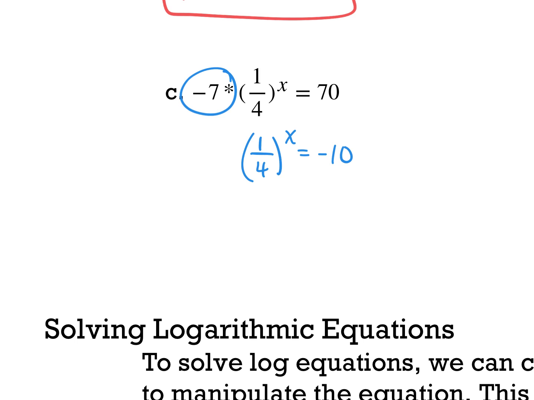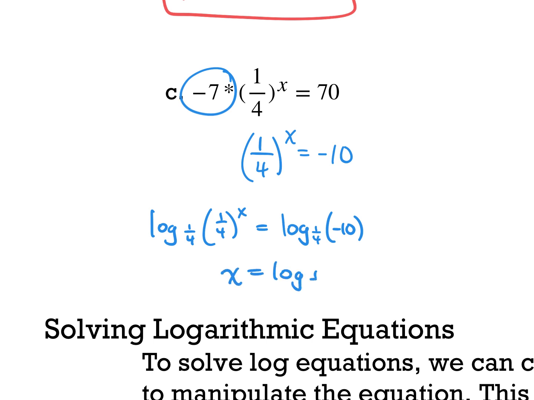And I can continue as I would, log base 1/4 of negative 10 equals, oh, sorry, I'm jumping a step here. 1/4 to the x is going to equal log base 1/4 of negative 10. So we get to the point where we say x equals log base 1/4 of negative 10.